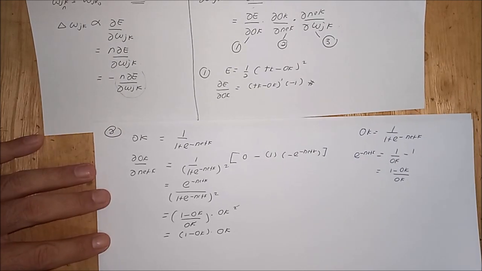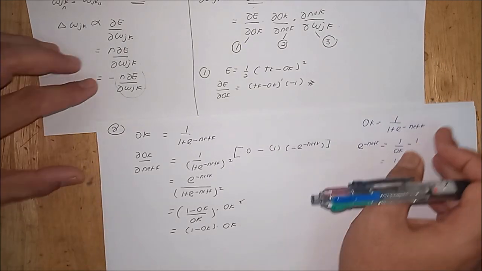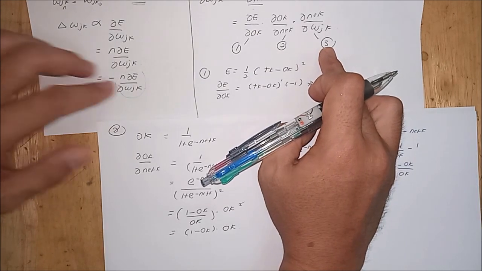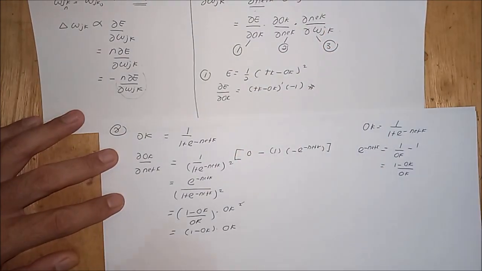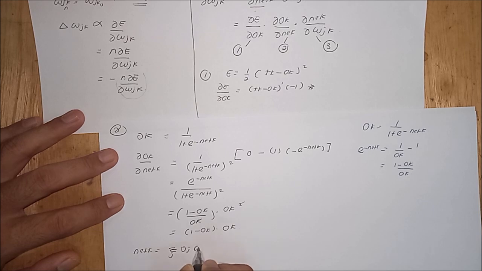So we move on to the final part, which is number 3 here. Number 3 is d net k over dwjk. So net k equals the summation over j of oj wjk plus bk.